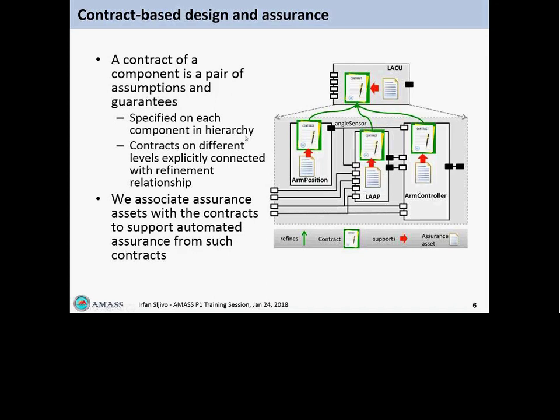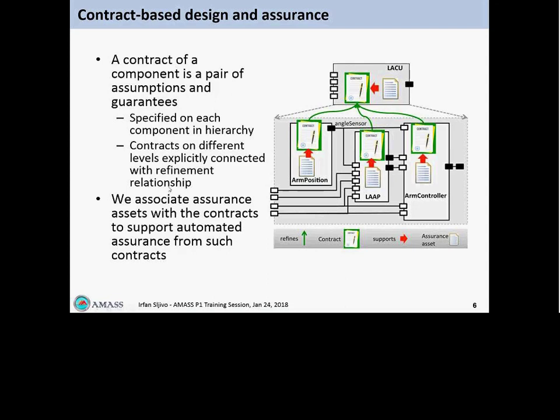The contract here is essentially a specification in a pair of assumptions and guarantees, saying that given that the environment in which the component is instantiated satisfies these assumptions in the contract, then this particular component will guarantee certain behaviors on its own.